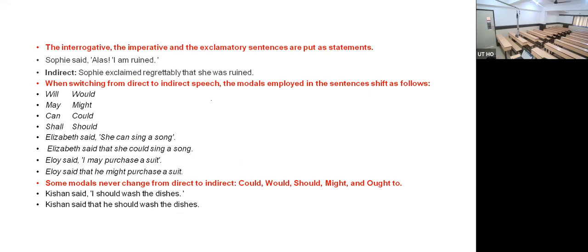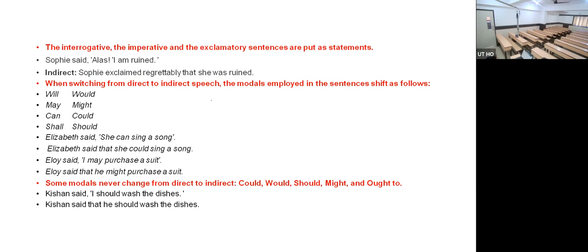So here, should will remain should, it will not change. Kishan said that he should wash them. Now, if it was, Kishan said, "I will wash the dishes" or "I shall wash the dishes", then it will change to should. But if it is should in the direct speech, it remains should, or would as the word is. Right?